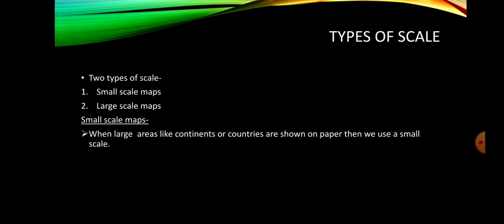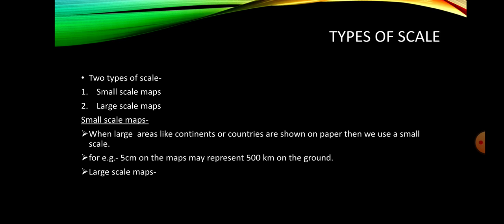When we have to show a large area like continents or countries on paper, then we use small scale. For example, 5 centimeters on the map represent 500 kilometers on the ground.